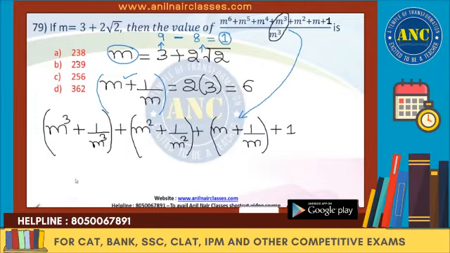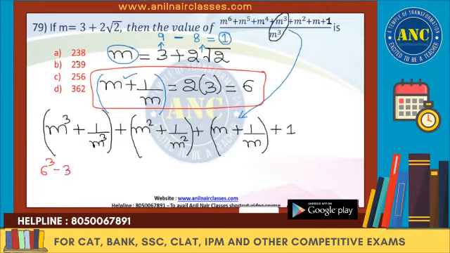All these values can be easily calculated because I know the value of m plus 1 by m. If m plus 1 by m equals 6, m cube plus 1 by m cube will be equal to 6 cube minus 3 into 6. This value is 216 minus 18, which is 198, plus m square plus 1 by m square, which will be 6 square minus 2, which is 36 minus 2, plus m plus 1 by m, known to us directly as 6, plus 1.